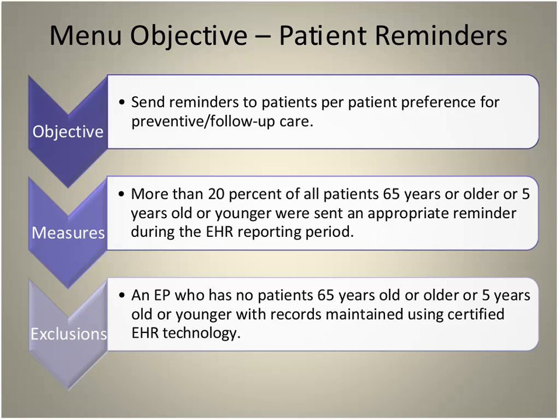It's really supposed to make, the eligible provider is supposed to make an effort to communicate with the patient in ways that are really determined by the patient. The measure for these reminders is that it's age-based, and so that more than 20% of all patients 65 years or older or 5 years or younger were sent an appropriate reminder during the EHR reporting period.